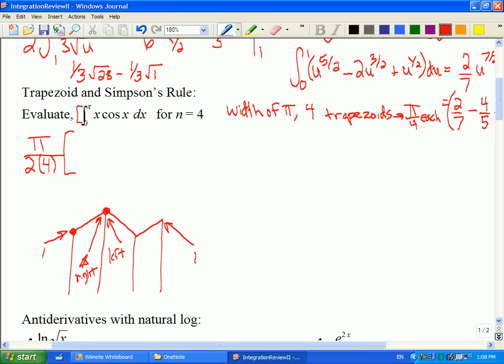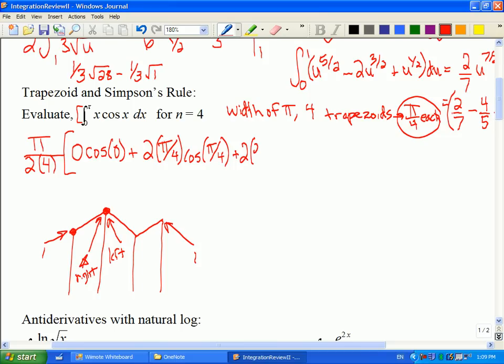So if each trapezoid has width pi over 4, that's what I'm going to move up by, starting at 0, and I move up by pi over 4 with each step in this calculation. So the next one, this would be pi over 2, but just so you can see the pattern, I'll write it out the long way.